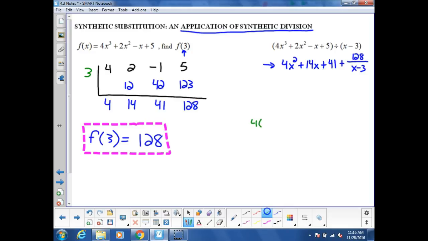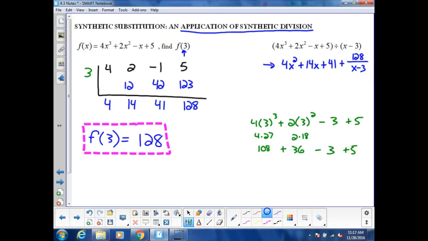4 times 3 cubed is going to be 4 times 27, which is 8, carry the 2, 108, plus 2 times 3 squared. 3 squared is 18, so that's 2 times 18, so that's 36. Minus 3 plus 5. 108 plus 36 is 140.